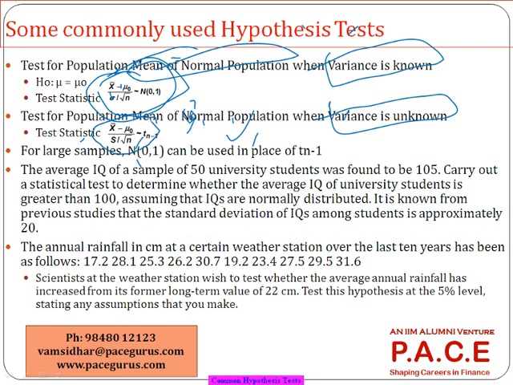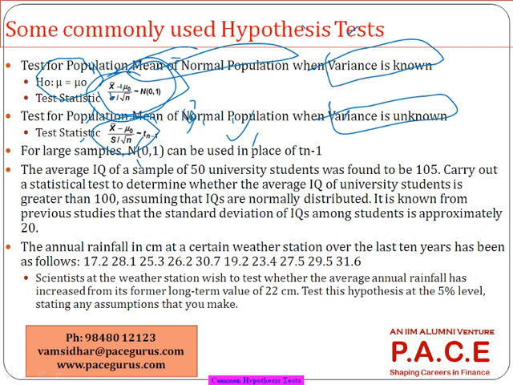In both cases, the null hypothesis is mu equal to mu naught, which means the average height of an Indian male is equal to 165 centimeters. Alternate is not equal to 165 centimeters.